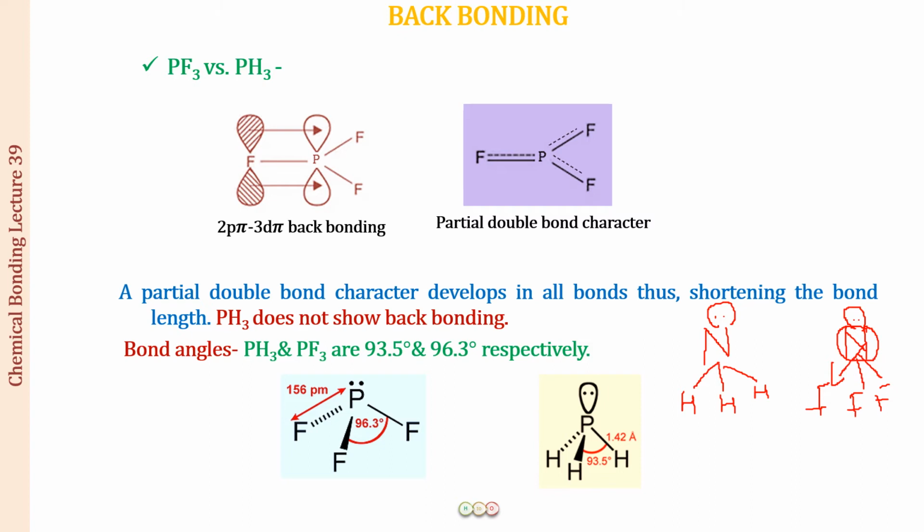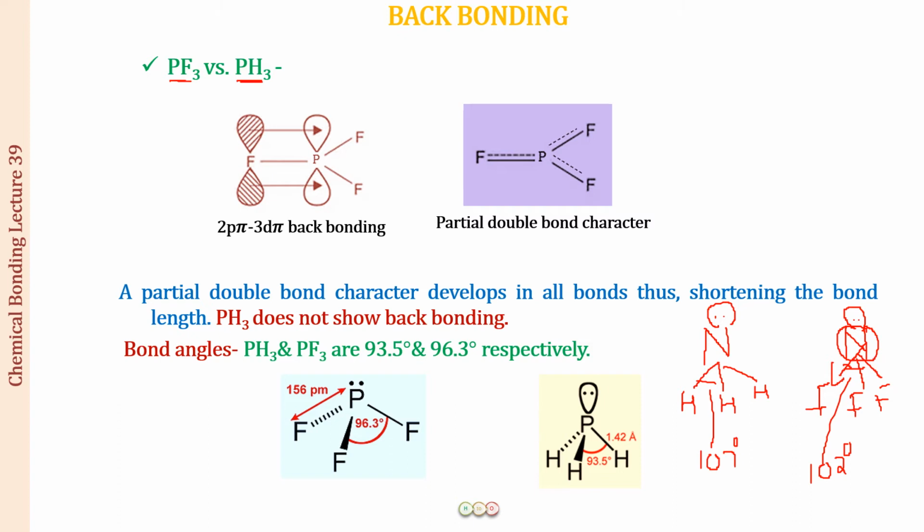And when there is a decreased electron density, these bond pairs of electrons can afford to come closer. So as a result, what we find is that in NH3 the bond angle is 107 degrees, whereas in NF3 the bond angle is 102 degrees. So if we just go by the same trend, PF3 has the same central atom as PH3. Fluorine is going to be more electronegative than hydrogen.